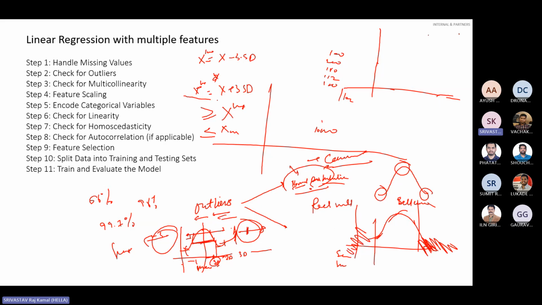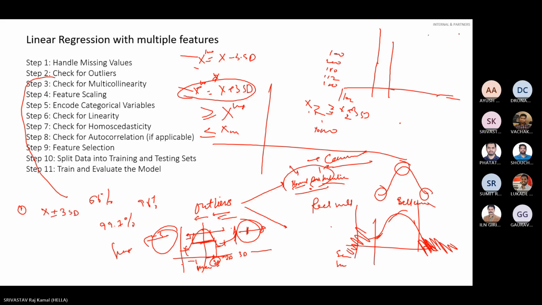This way you can figure out, in my column x2, what the outliers are. For whatever values this condition is true, it means the x2 value is greater than or equal to x2 plus 3 standard deviations, or lesser than x2 minus 3 standard deviations. That's an outlier.